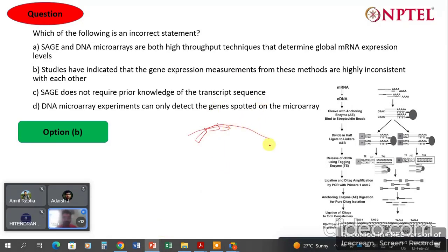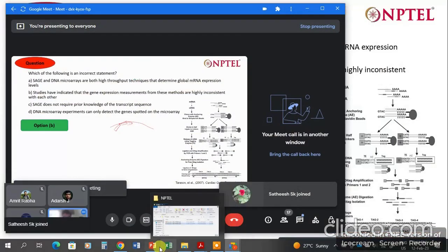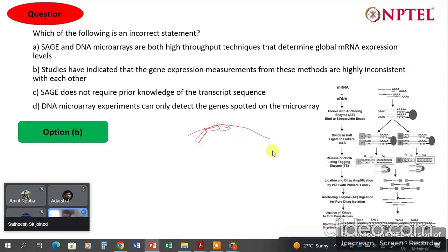Okay, so what happens is there is a lot of mRNA loss from these methods, be it SAGE or the microarray, because if we are analyzing from this method, there is very non-spontaneous ligation, as well as sometimes the RNAs that are expressed very less are not considered in these cases.